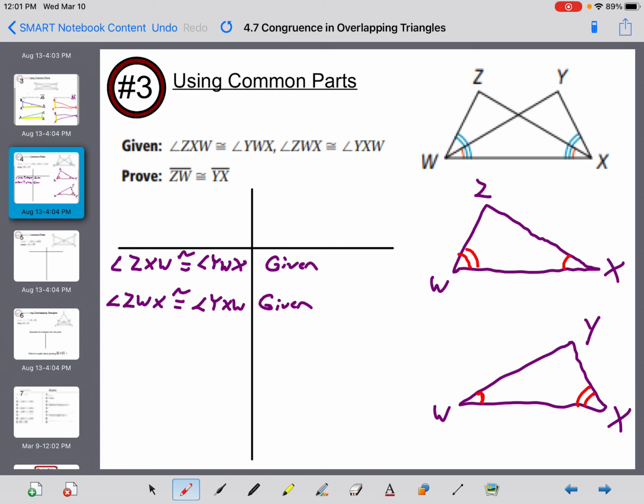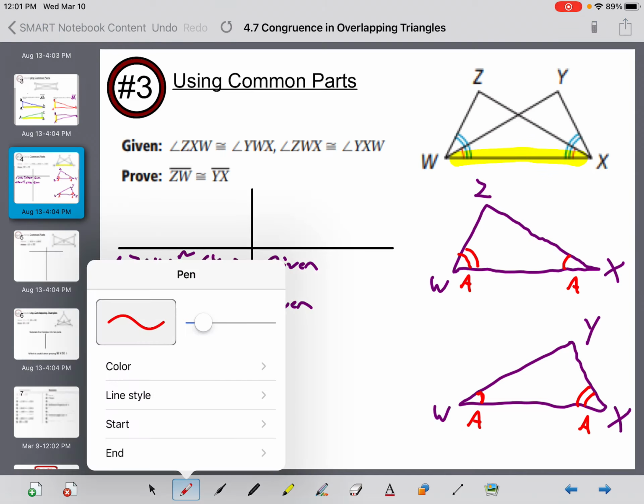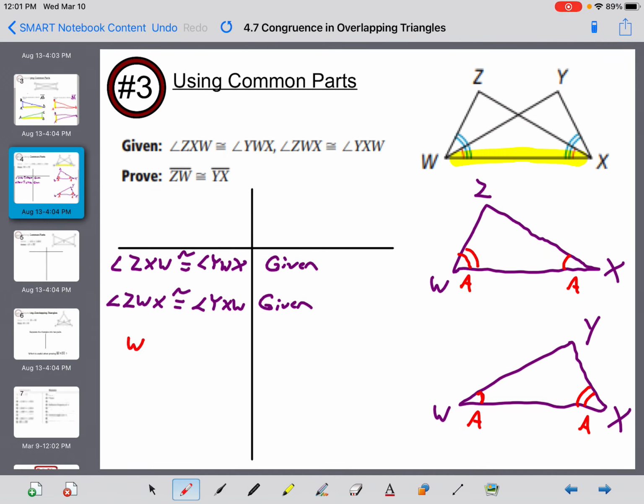Now, all we need, considering we have an angle and an angle, is a side. So if you look, both triangles share side WX. So we are going to say that WX is congruent to itself. Now, generally, I would tell you in past questions to put an X on this. And that's because it's reflexive. Both triangles share it.